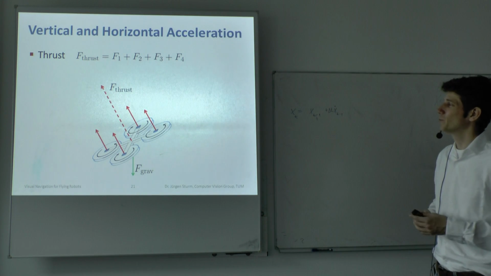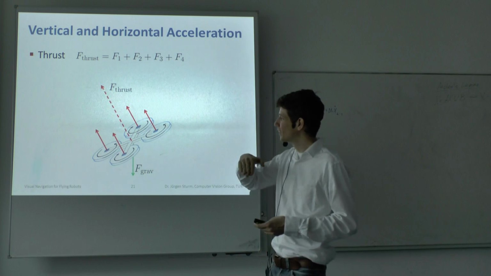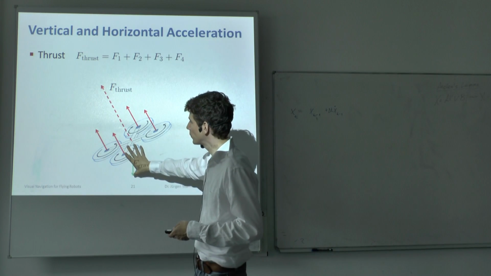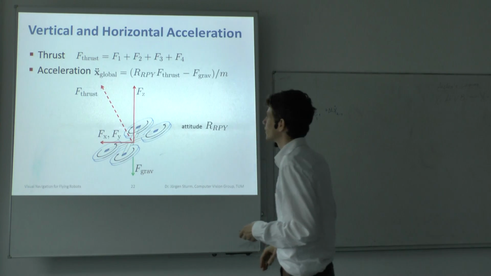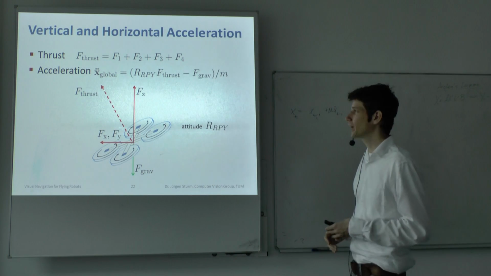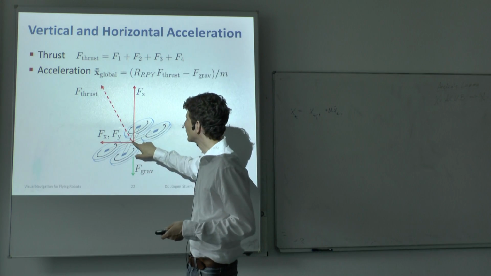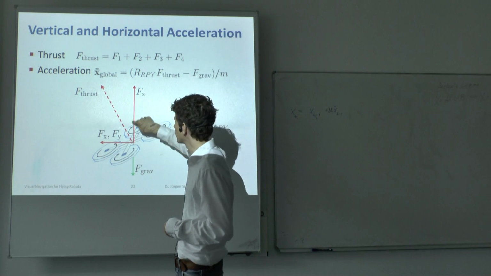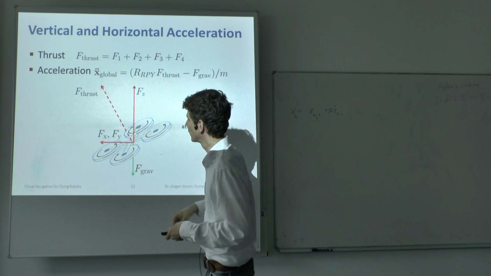Now, when you are not exactly leveled, when you're not exactly horizontal, then this thrust force will not exactly cancel out the gravitation. And now we can use this principle that we can split up forces into individual components. So if this is our thrust, we can look at the component of this that's parallel to the gravity and the one that's orthogonal to it.